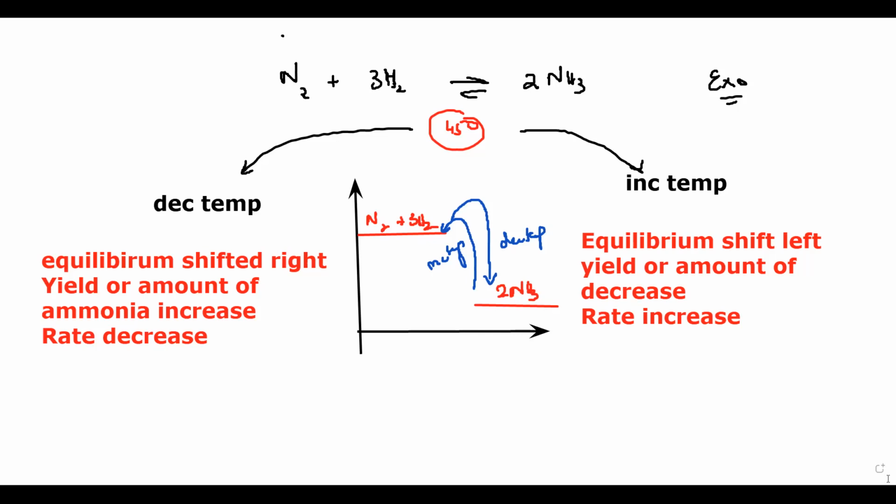And the same thing applies if we have a reversible reaction with gases involved: there is an effect of the pressure. We are using 200 atm, but what will happen if we increase or decrease the pressure?